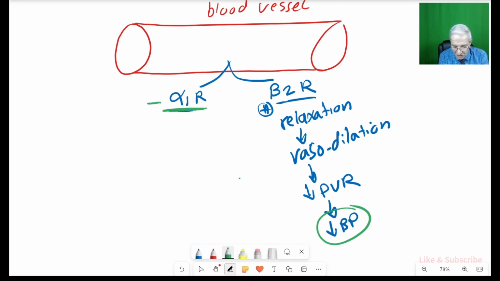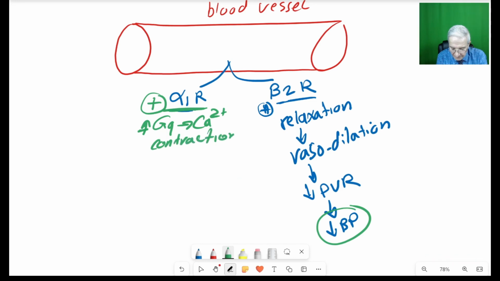On the other hand, we have alpha 1 receptor here. If you activate alpha 1 receptor, remember alpha 1 receptor works on the Gq protein, and this will lead to increased calcium and contraction. When we talk about blood vessel contraction, we talk about vasoconstriction.